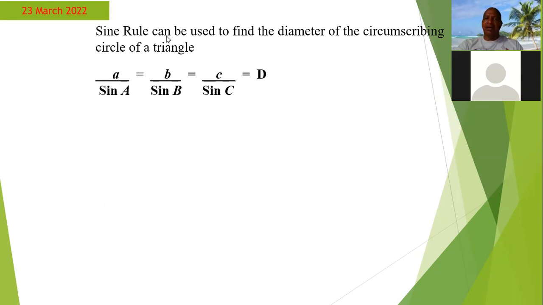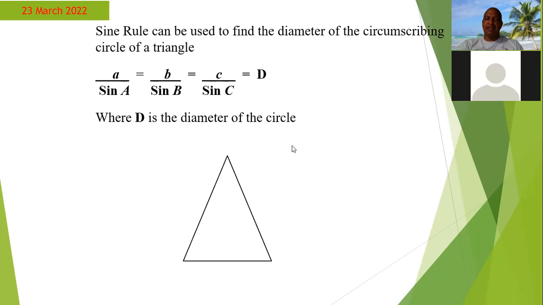The sine rule can also be used when we are dealing with the diameter of a circumscribing circle of a triangle. What does that mean? Circumscribing a triangle means drawing a circle to enclose the triangle, where the circumference touches all the vertices of the triangle.